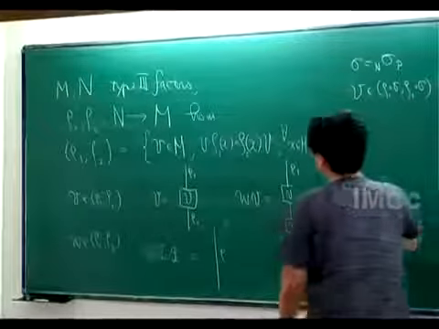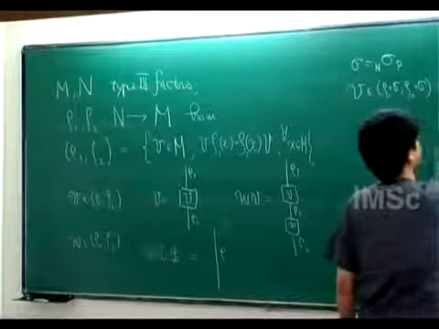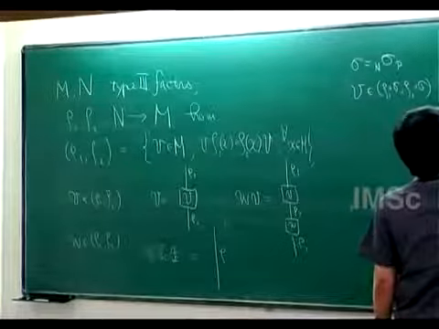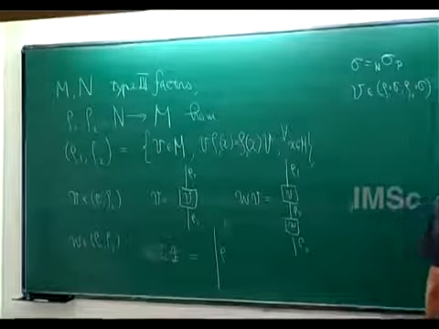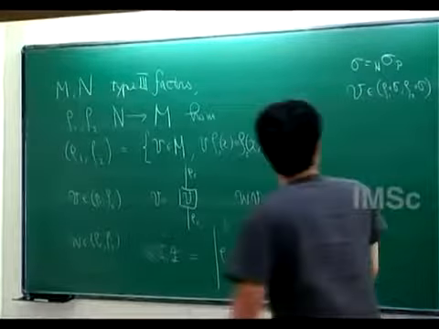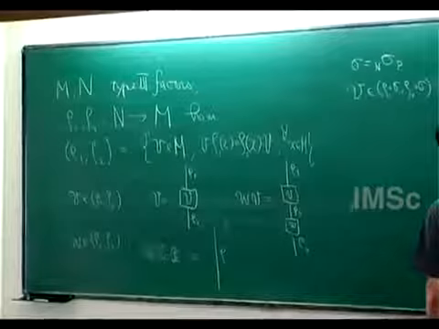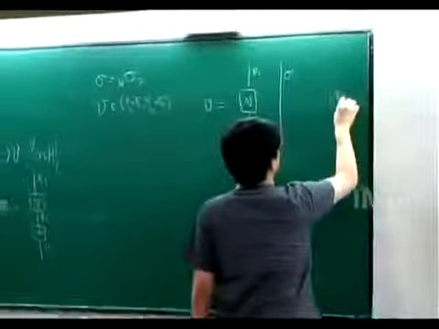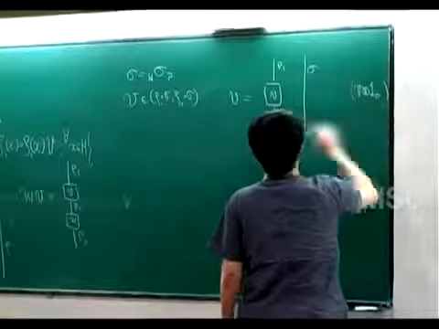So the same operator V is also expressed by this picture. In tensor category, this is written like this, in tensor category notation.